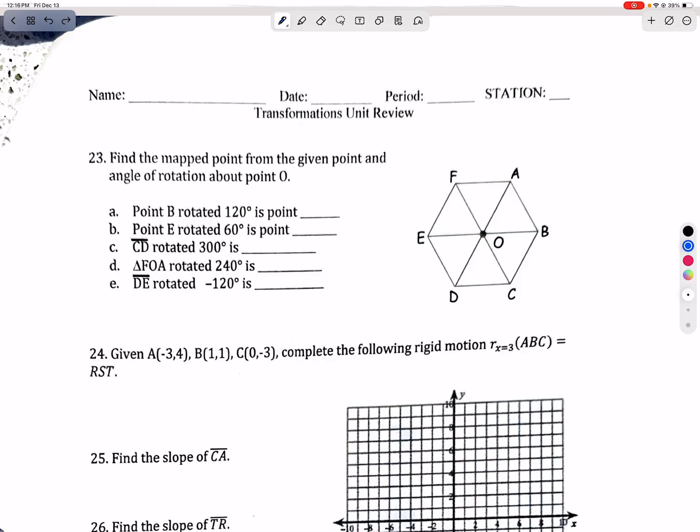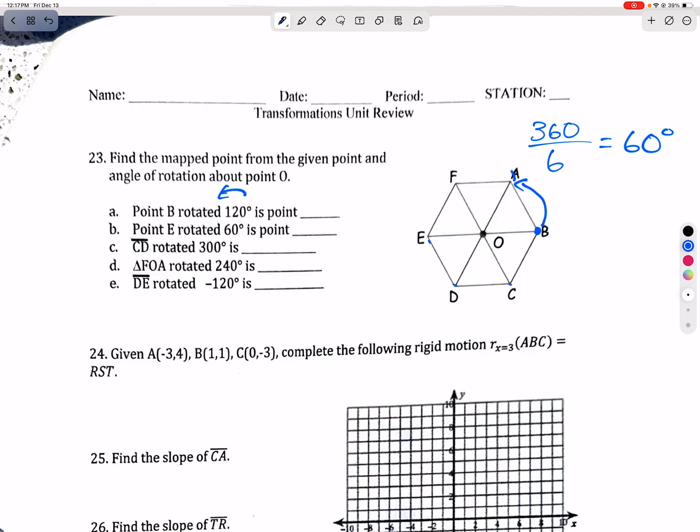Find the mapped point for the given point and angle of rotation. If we're going from B, it's rotated 120. Since there are 6 points, we're going to divide 360, because that's a full circle, by 6, because there's 6 sections. So each section is a 60-degree rotation. So if we are at B and we go 120, because it's positive, we're going counterclockwise.